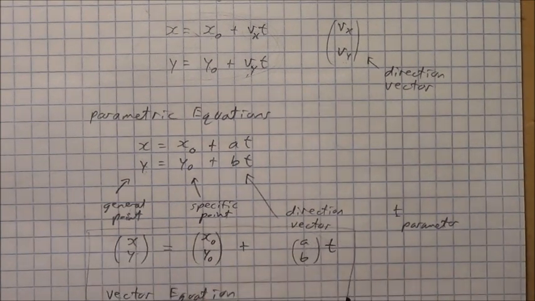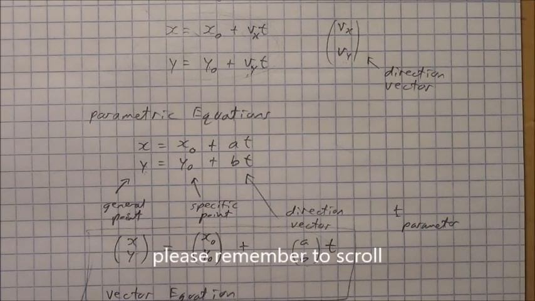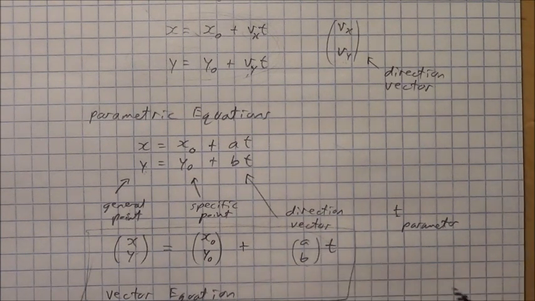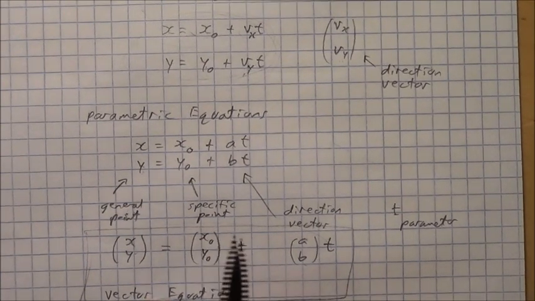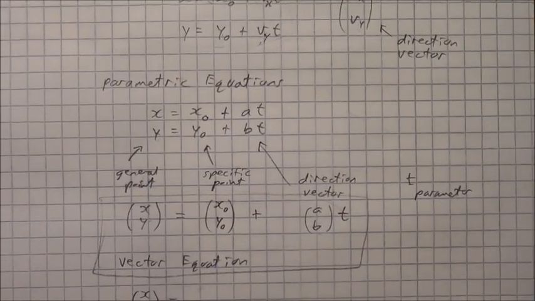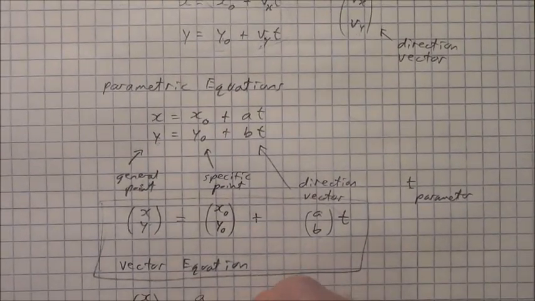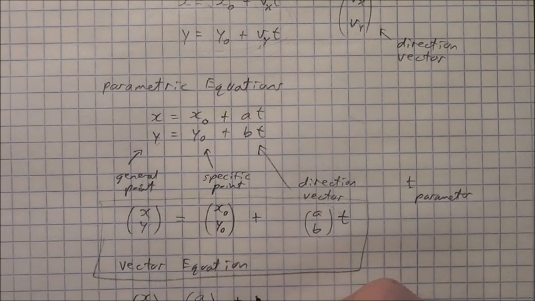The textbook would write the vector equation like this: a1, a2 as the components of the position vector of the specific point of the line, plus t multiplied by b1, b2. And these are the components of the direction vector.